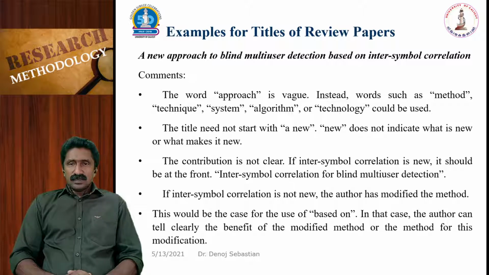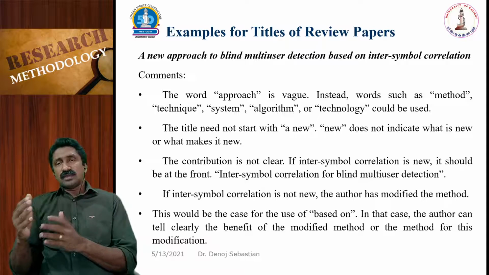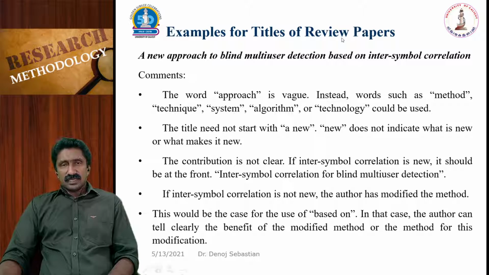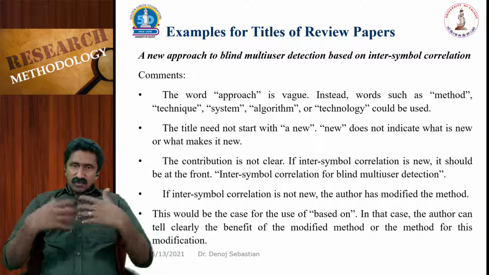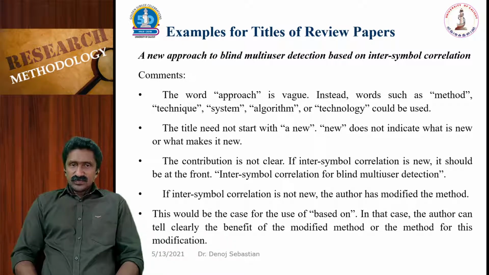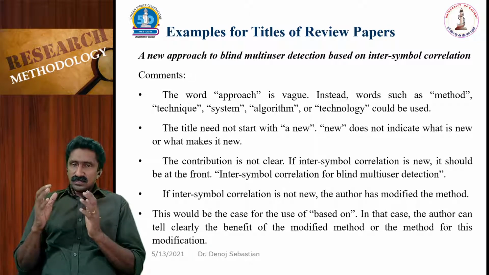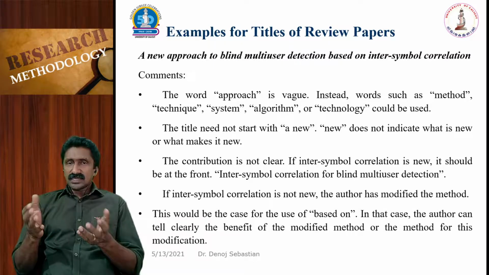Then if intersymbol correlation is not new, the author has modified the method. Because there is a new approach to do something, and this method is based on intersymbol correlation. It is not exactly the same method, but a method based on intersymbol correlation. That means the author has modified that procedure, and in that case it would be the case for the use of "based on", because the method is actually modified.